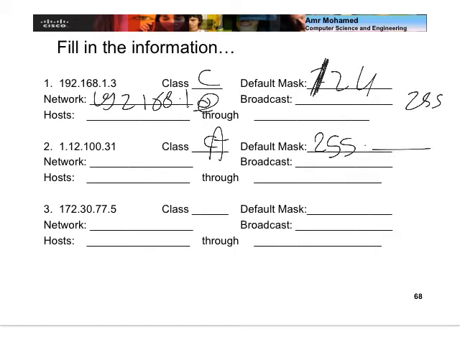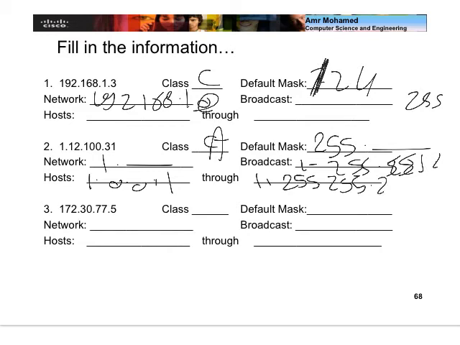The network part is 1 dot all zeros, the broadcast is 1.255.255.255, and the hosts range from 1.0.0.1 all the way to 1.255.255.254, right? So 172 is a B, and so on. And you can do that.